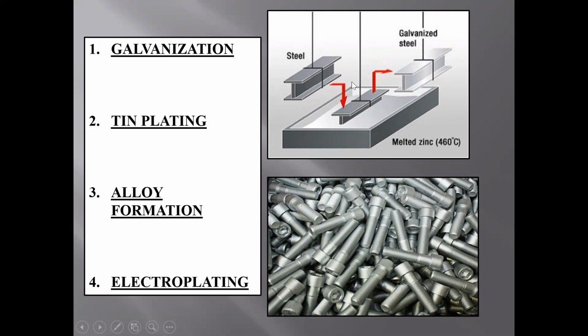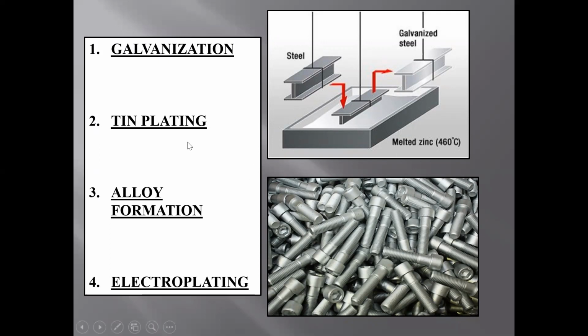This steel is dipped in melted zinc at 460 degrees Celsius, and galvanized steel is formed. Now when galvanized steel is formed, it prevents the steel component from coming in contact with heavy moisture, and as a result no rust formation takes place.